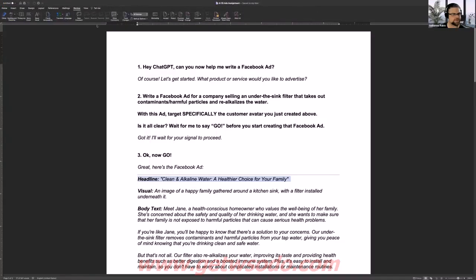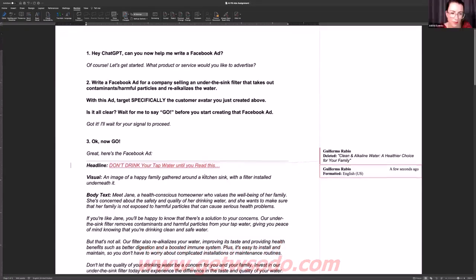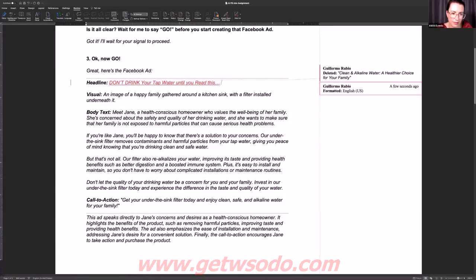So, for example, if I were going to rewrite this, I'd probably do maybe something like that. And then talk about the problem first.